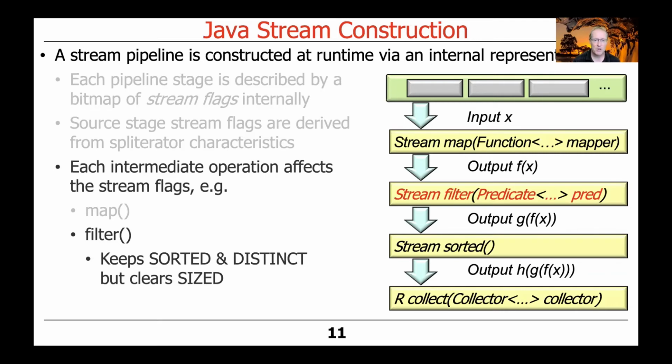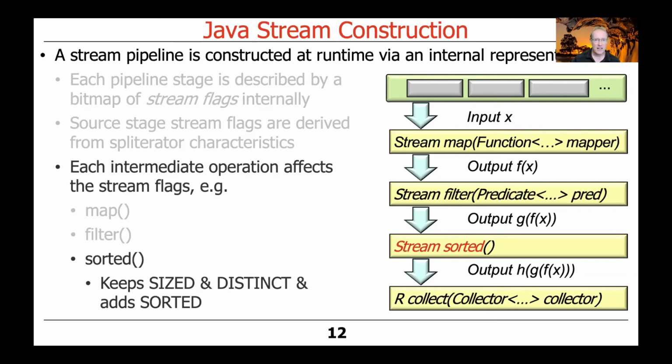However, filter clears the sized bit because, of course, there could be fewer elements coming out once we apply the filter. Likewise, the sorted intermediate operation keeps sized because it doesn't change the number, keeps distinct because it doesn't change the value, but it adds the sorted flag. So these are just examples of how the intermediate operations can affect the meaning and the behavior of the stream.